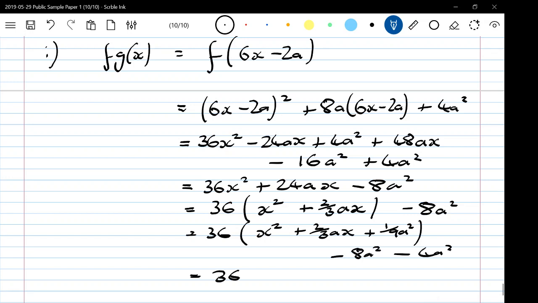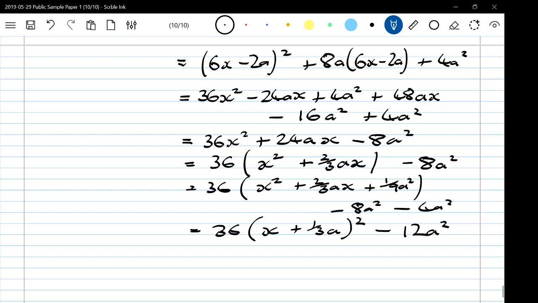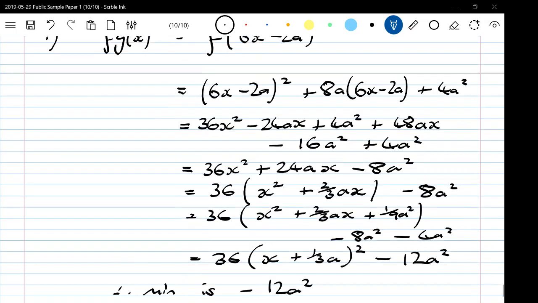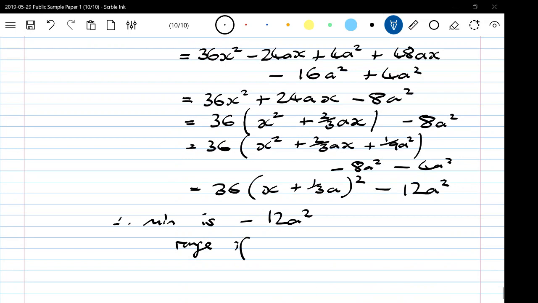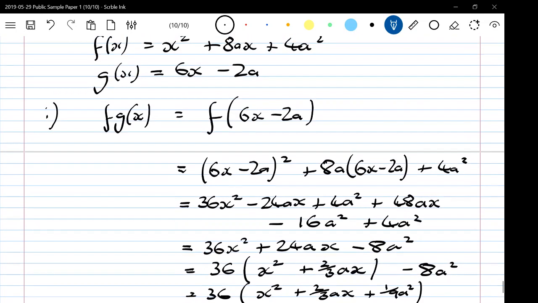We've got 36 lots of (x plus a third of a) all squared, minus 12a squared. So the minimum value is minus 12a squared. So the range of f of g of x is greater than or equal to minus 12a squared.